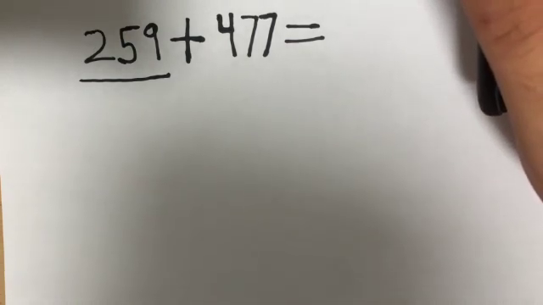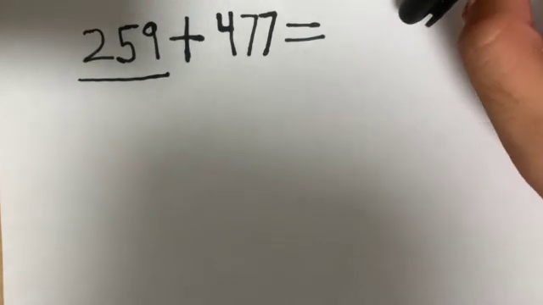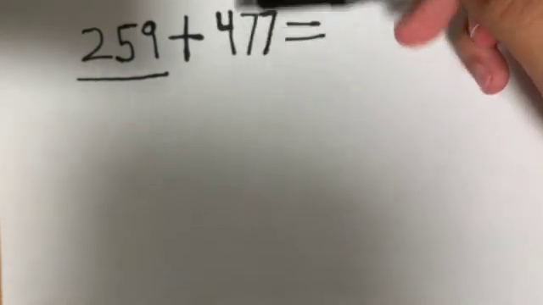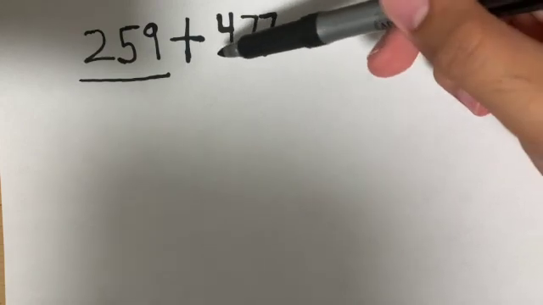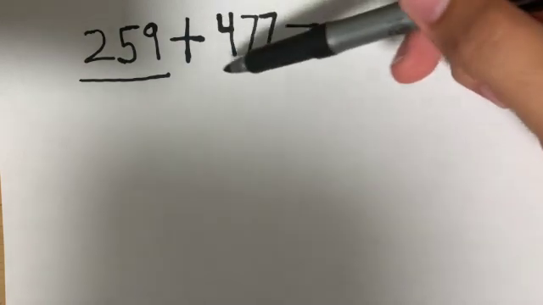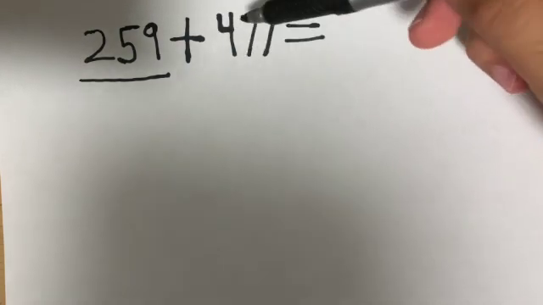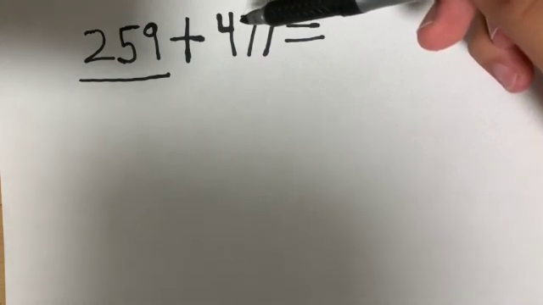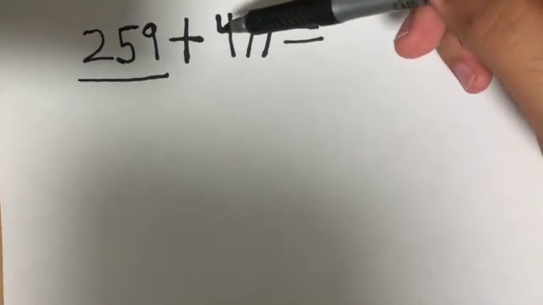To remember how much you need to count up by, remember that with three digits you have ones, tens, hundreds. This number is less than 1,000 and more than 100, so it's in the hundreds.